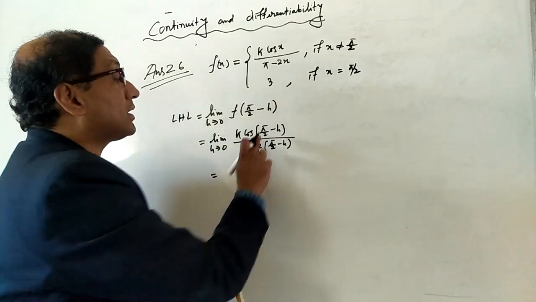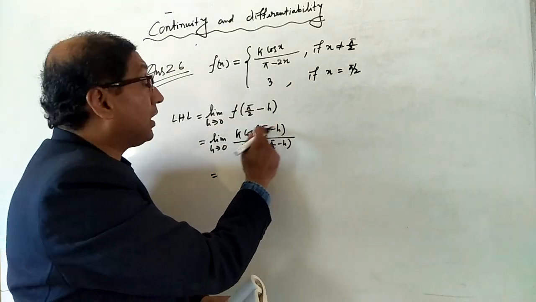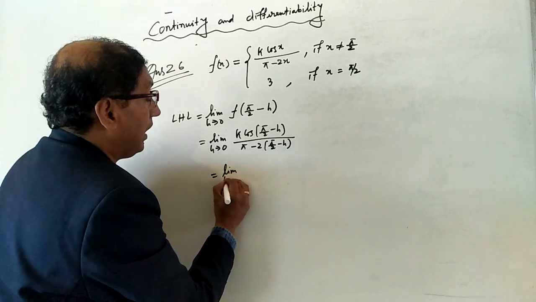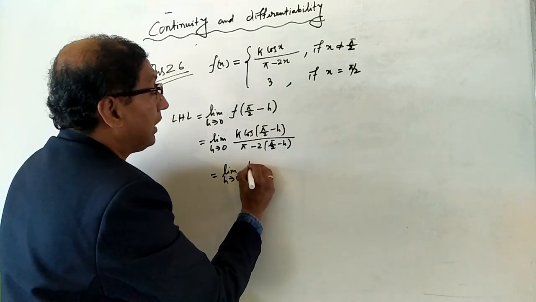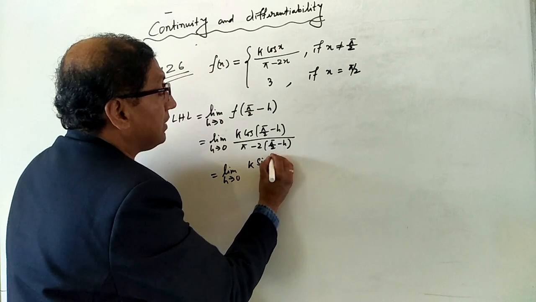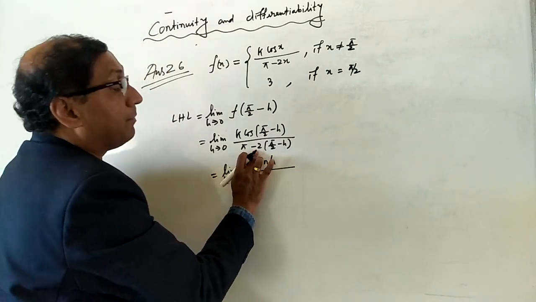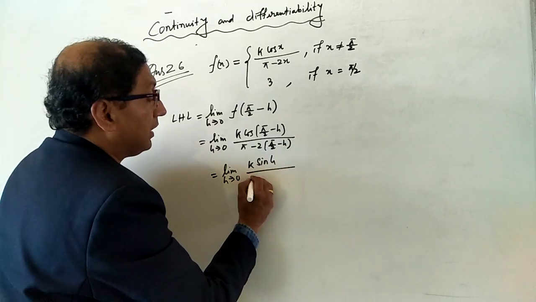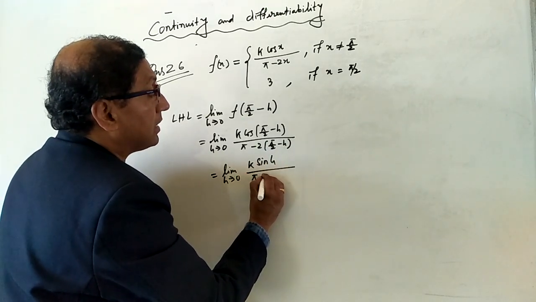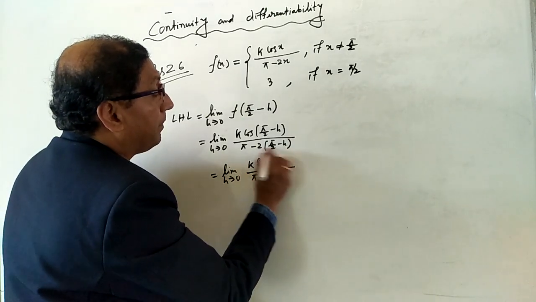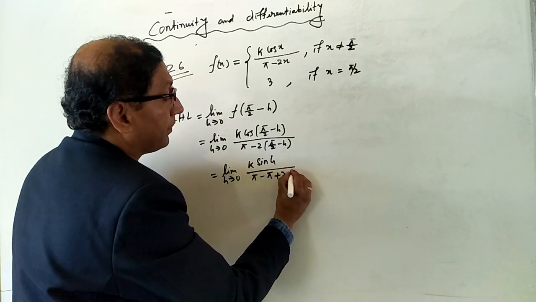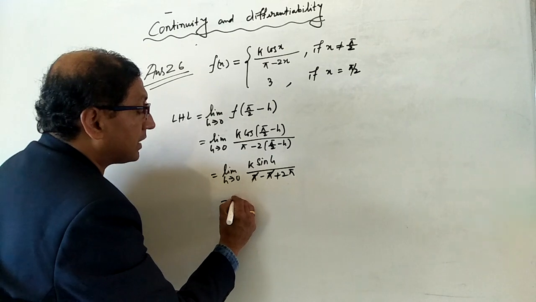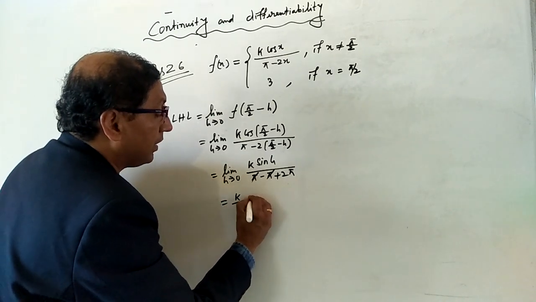So we know that cos(90 degree minus theta) is sin theta. So limit h tends to 0, k sin h upon, if we multiply this minus 2, we will get pi minus pi plus 2h. Pi cancels, right? k by 2 is constant, so we can keep it outside.